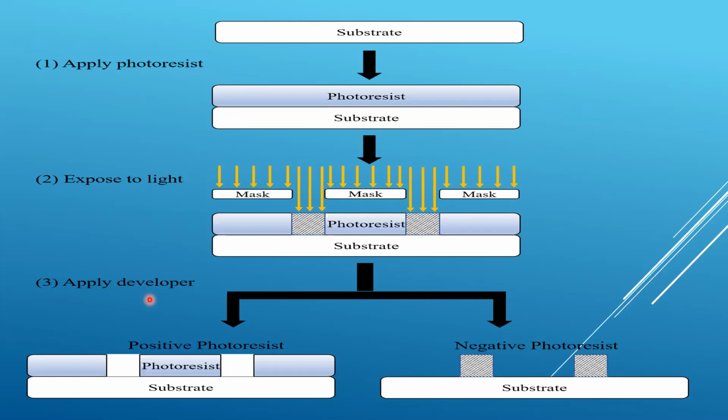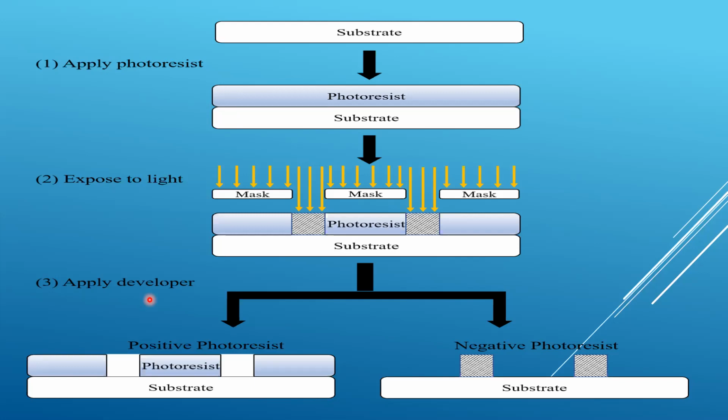In photolithography, the major substrates used are glass or silicon, mostly silicon, because I have already explained that photolithography is extensively used to design integrated circuits in which the semiconductor plays a vital role.